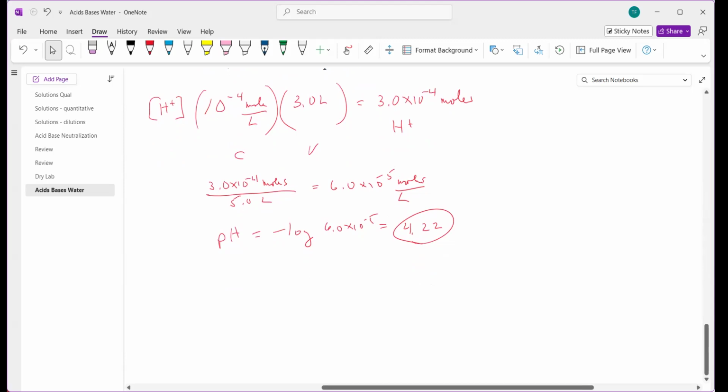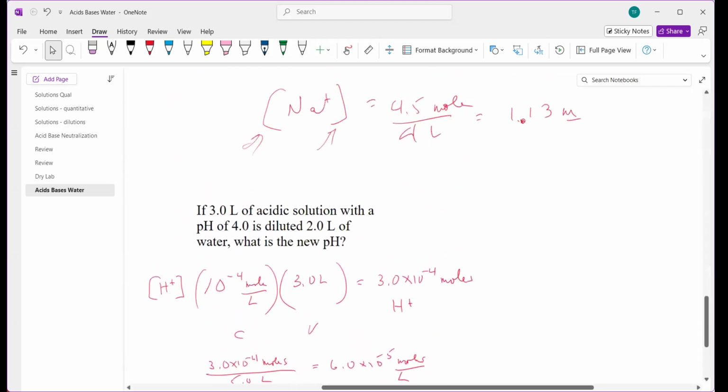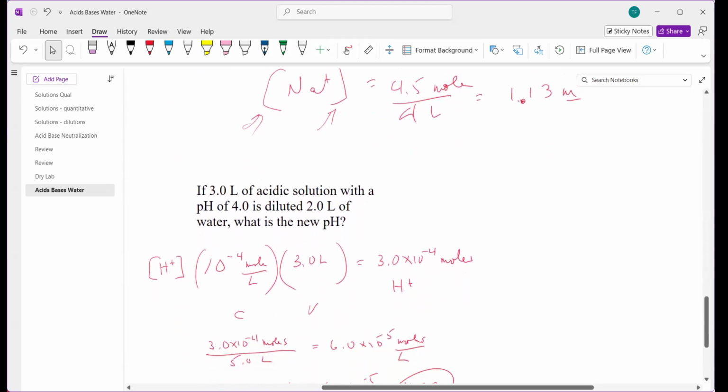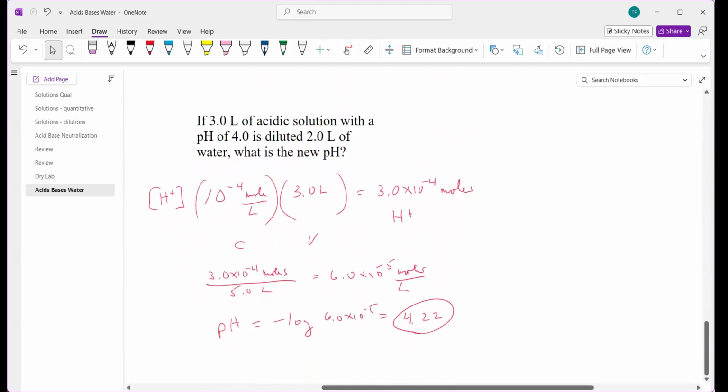Any questions about this guy? Because this has got a lot of stuff buried in it: pH, solutions, a dilution problem like we did earlier in the unit, converting back to concentration and converting to the new negative logarithms.